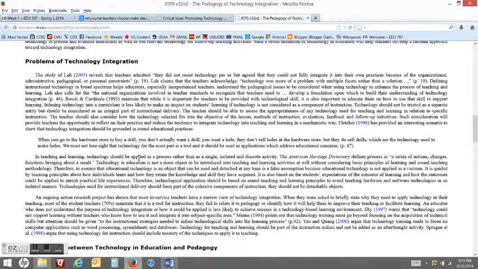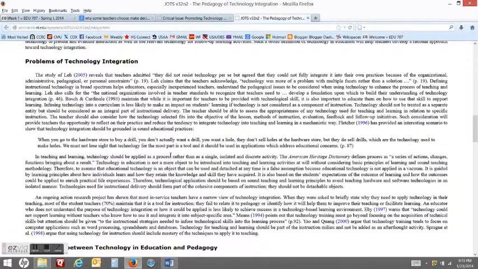And teaching and learning technology should be applied as a process rather than a single isolated discrete activity. That's true.